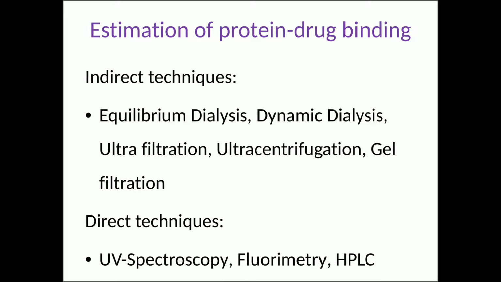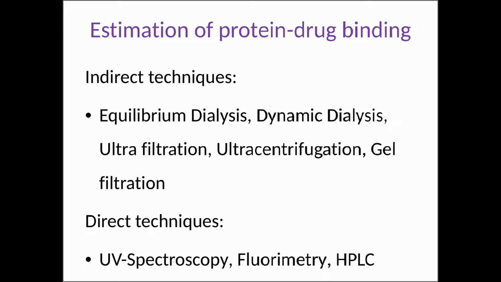Now, how can we estimate the protein drug binding, or how can we find the extent of protein drug binding? There are two different methods, the indirect technique and the direct technique.